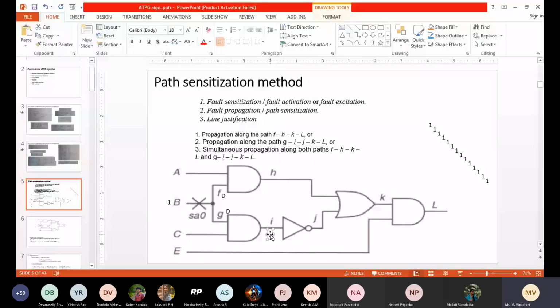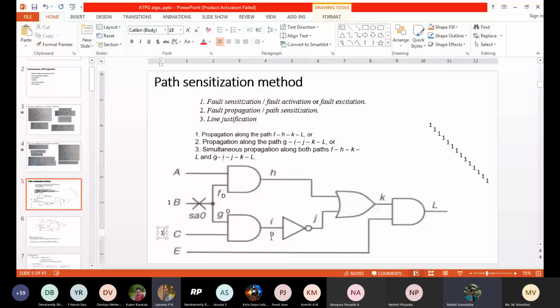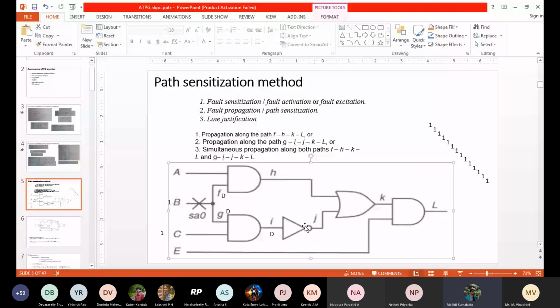If I should get I as D, what should be my C? 1. So if I is D means J will be D bar. Somewhere that is missing. Okay.